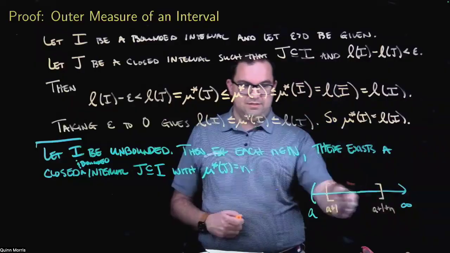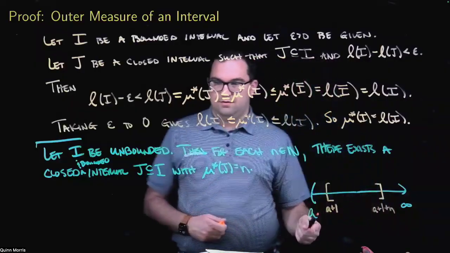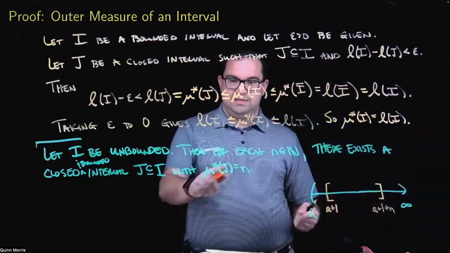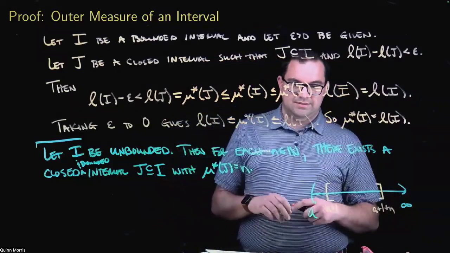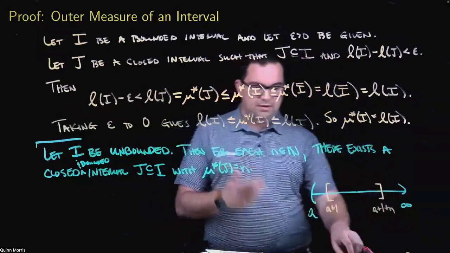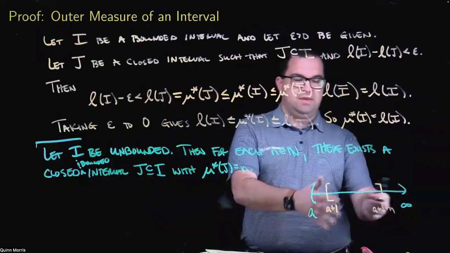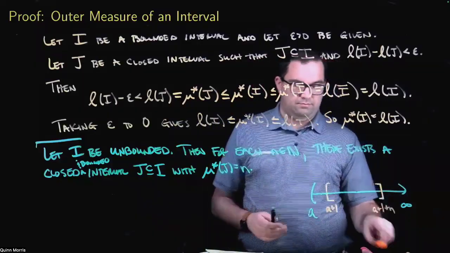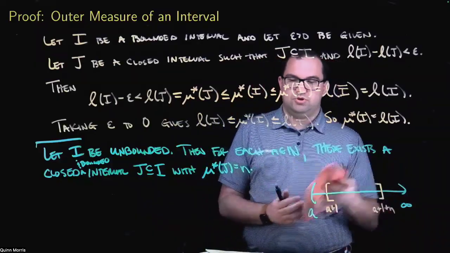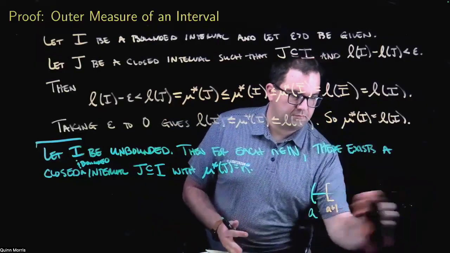This has length n. It's a closed interval. It has length n. Because it's a closed and bounded interval, its length is equal to its outer measure. So it has the outer measure n. You can always do this, okay? If it's from minus infinity to b, you might have to think again about how to define these, but you can always do this. All right.